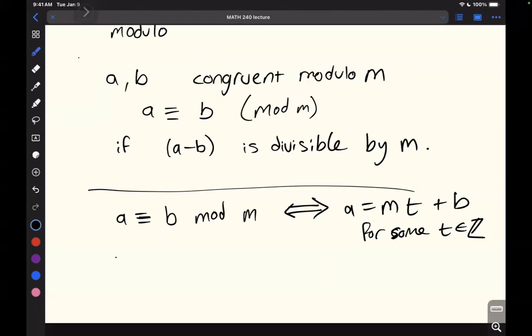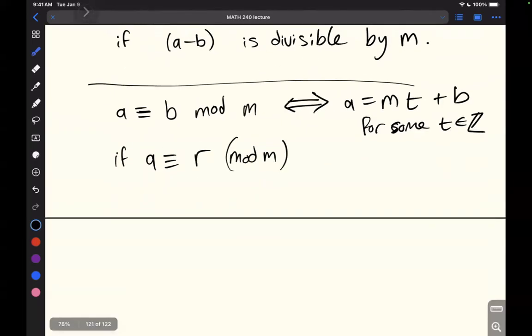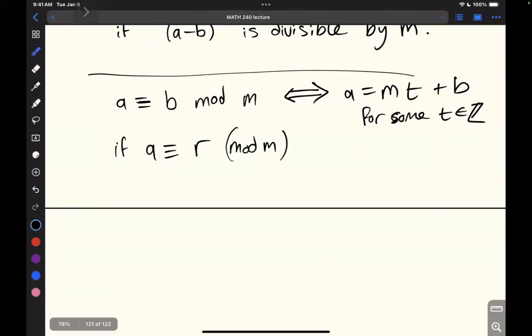So the other part of the theorem the book says is if A is congruent to R mod M, they put this part in parentheses. So if you want to put it in parentheses, that's okay. This to me also seems perfectly reasonable.